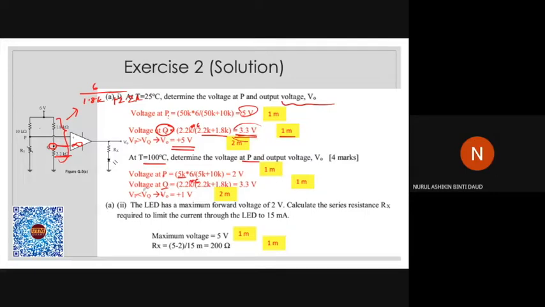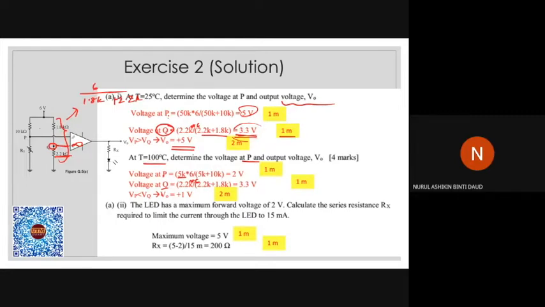So you can see at this point, the value of VP is lesser than the value of VQ. So the value of VP is lesser than VQ, which means that the inverting point is larger compared to the non-inverting.